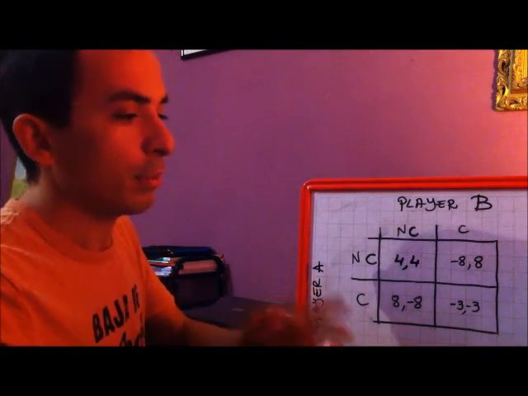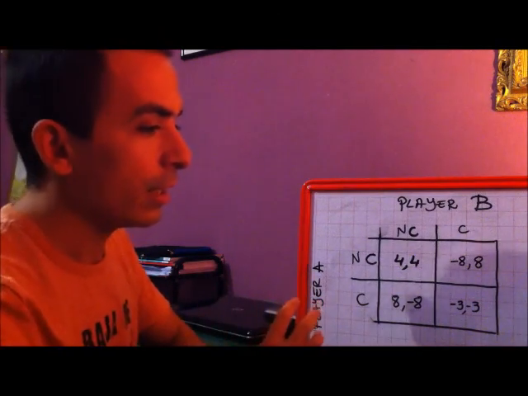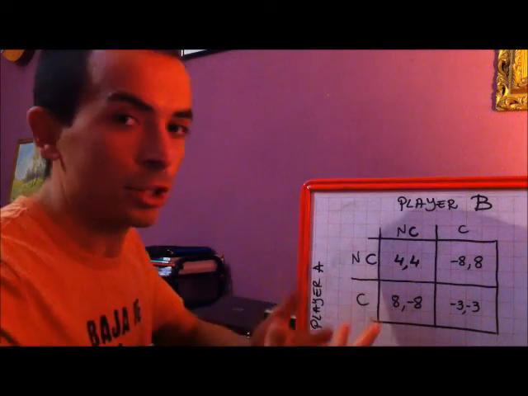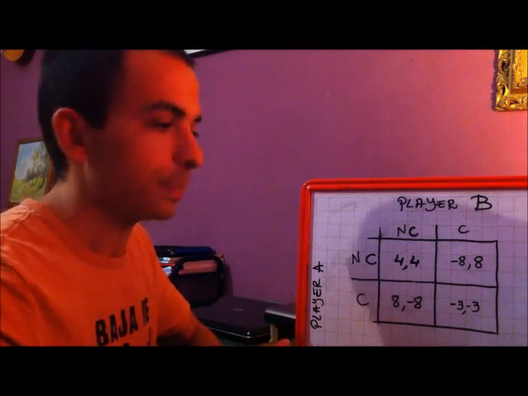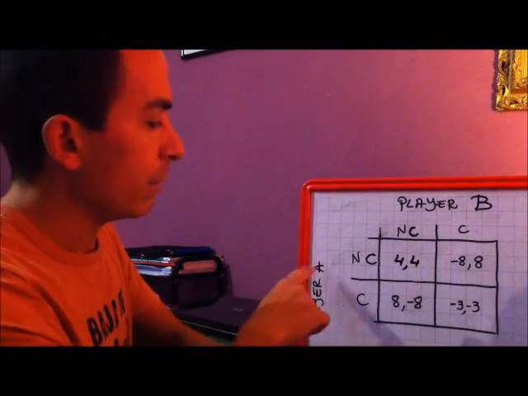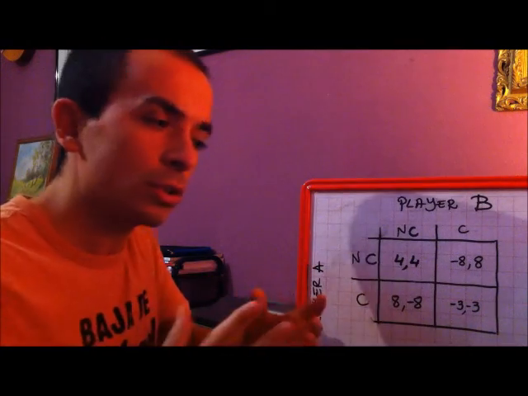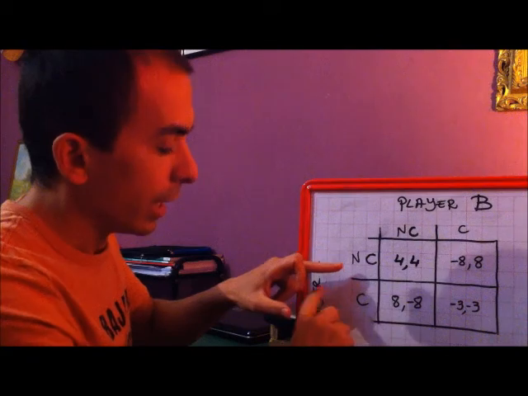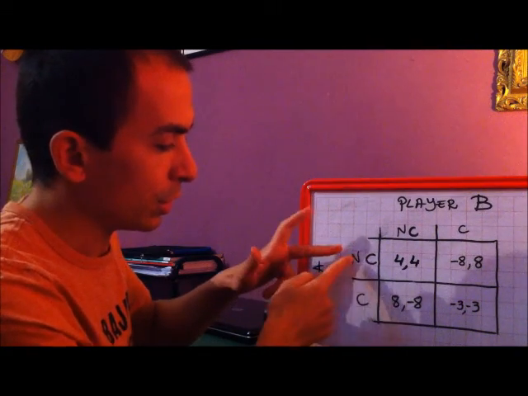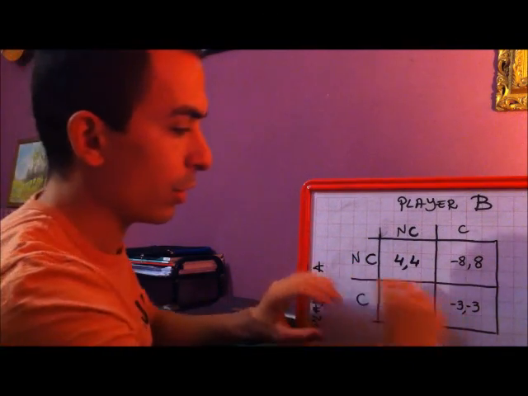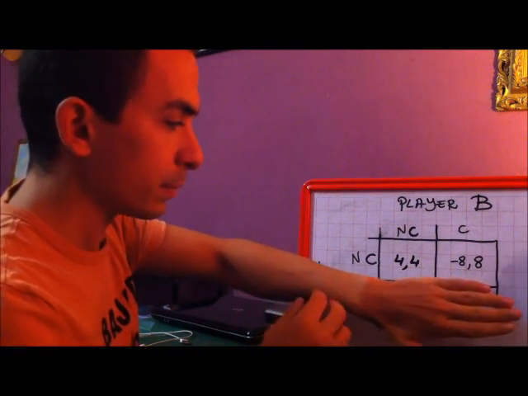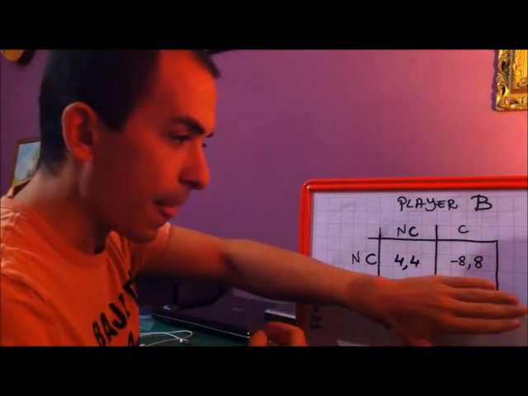So let's think about what player A might think as an initial thought. He might think, you know what, I'm not going to confess. Therefore he immediately chooses not to confess. So this part of the table is not going to be useful for this kind of decision.